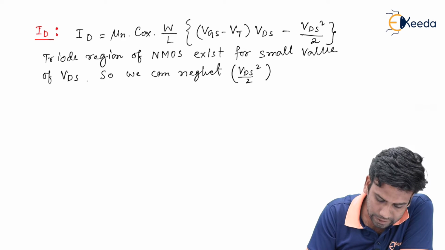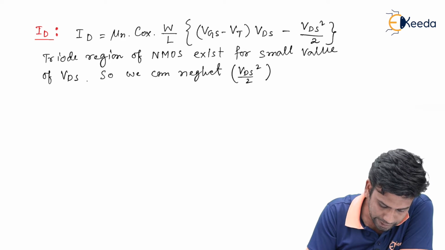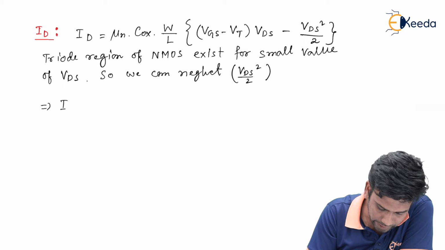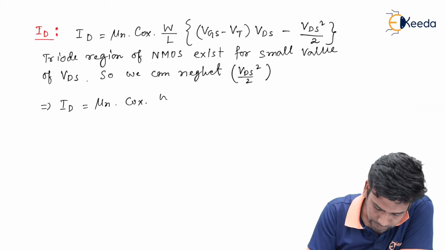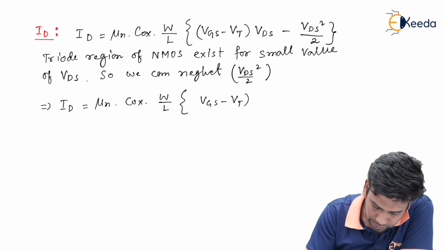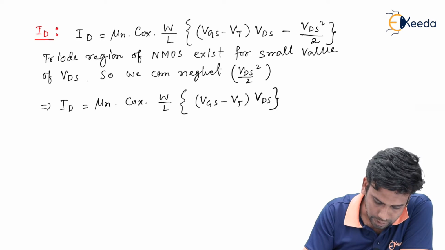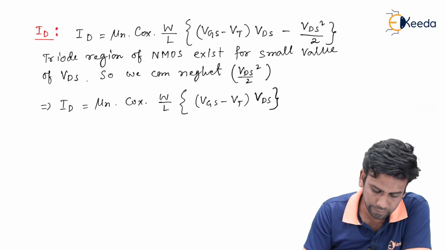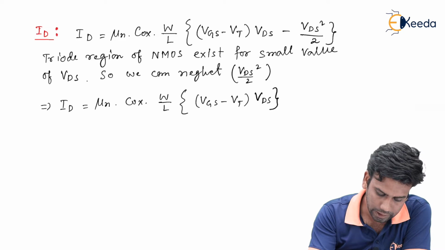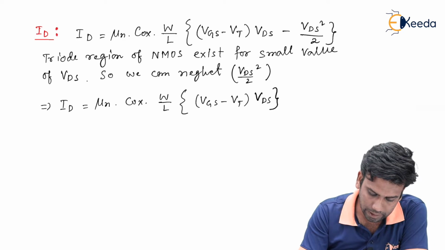So neglecting the term VDS square by 2, we can write the equation of ID in this manner: it will be equal to mu n into COX into W by L into VGS minus VT into VDS. So this will be the equation of ID in the triode region by neglecting the VDS square by 2 term.